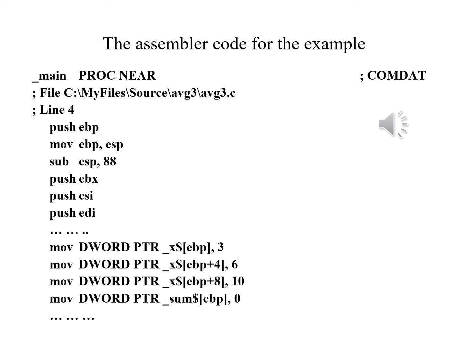Below you see how values are saved here. The 3, 6, and 10 for the array X are saved here, as well as the value for sum. These are all on the stack because this uses stack dynamic memory for these and frees up the space afterwards.